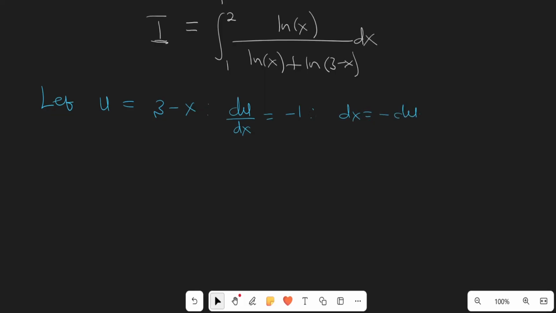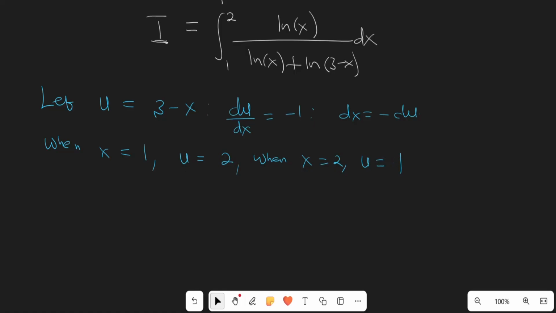Next, what about the change in limits? When x is equal to 1, u is going to be 3 minus 1, which is 2. When x is equal to 2, u is going to be 3 minus 2, which is 1.